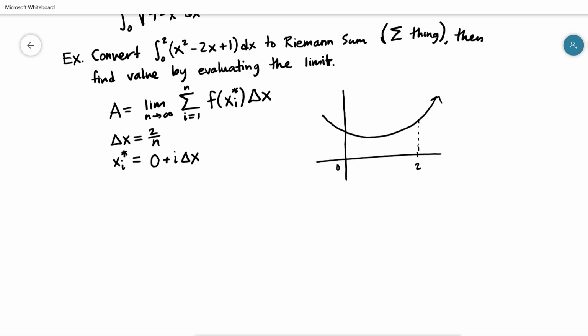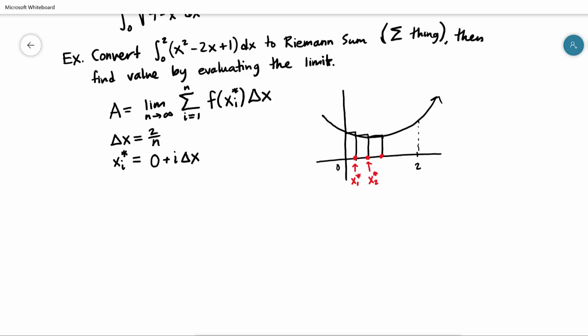I want to know, as I chop this thing up into my rectangles, I'm suggesting maybe I can just use this point, this point, this point, all the right endpoints to be the points that I'm interested in. So right here, this first one, this needs to be my x1 star. And this second one right here should be my x2 star, and so on. We'll just use all those right endpoints.